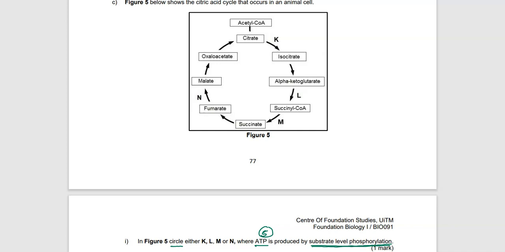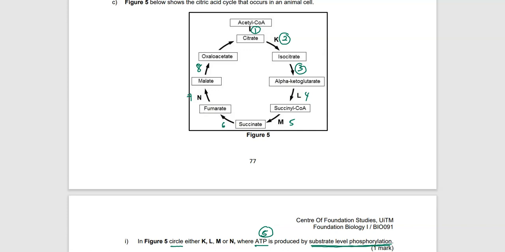Step 1 is here, acetyl CoA that enters into the citric acid cycle to form citrate. And then step 2 is K, step 3, step 4, step 5, step 6, step 7, and then step 8.